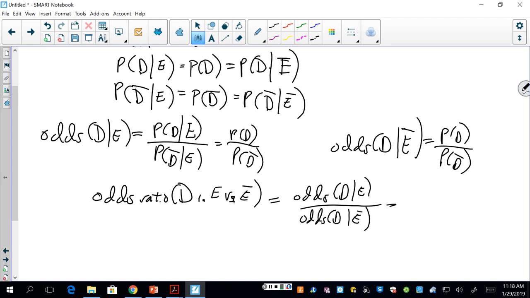But if the exposure doesn't make any difference, then it's just going to get an odds ratio of 1. So the odds of the disease, the chances of it, don't change as you're moving between the different exposure categories.